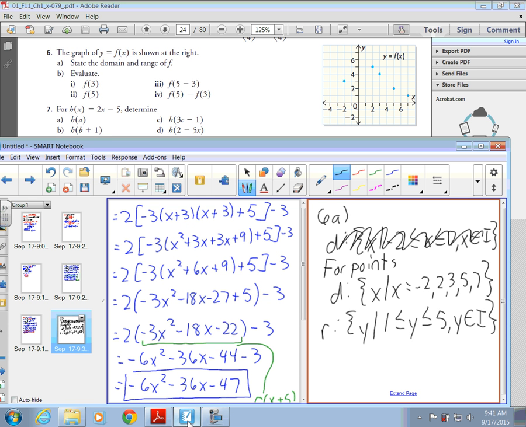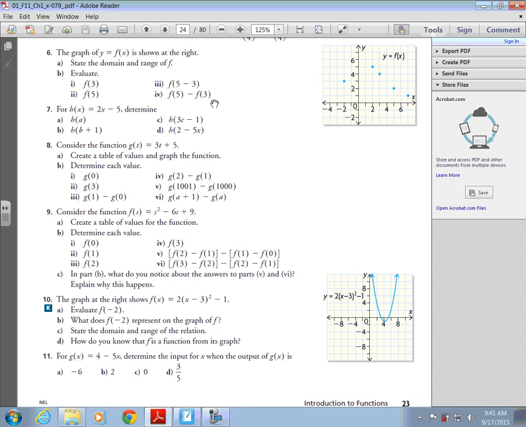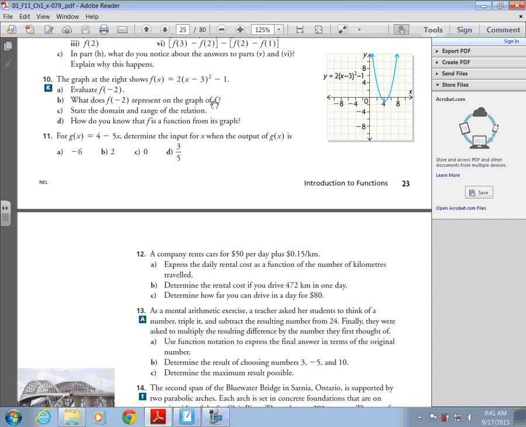All right, 10 and 13. Which one's 10? Oh, here we go. The graph of that messy thing is given. I'm going to keep notes at the bottom here and work this out, if you don't mind.